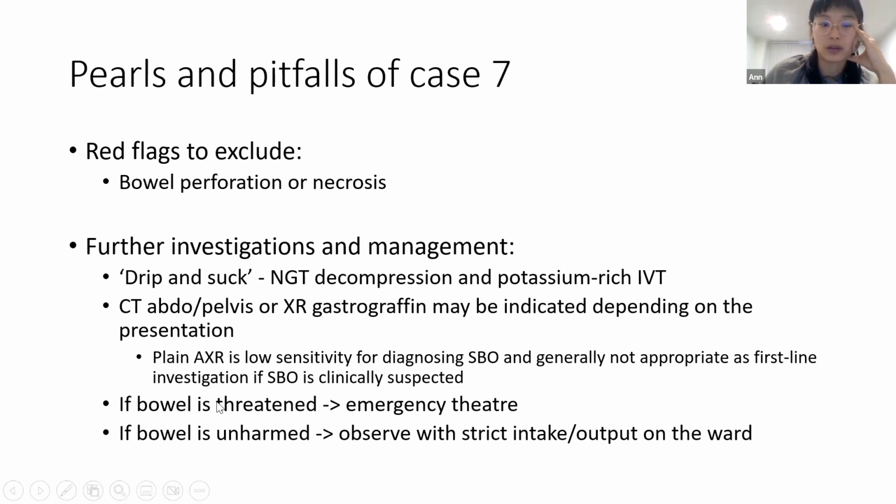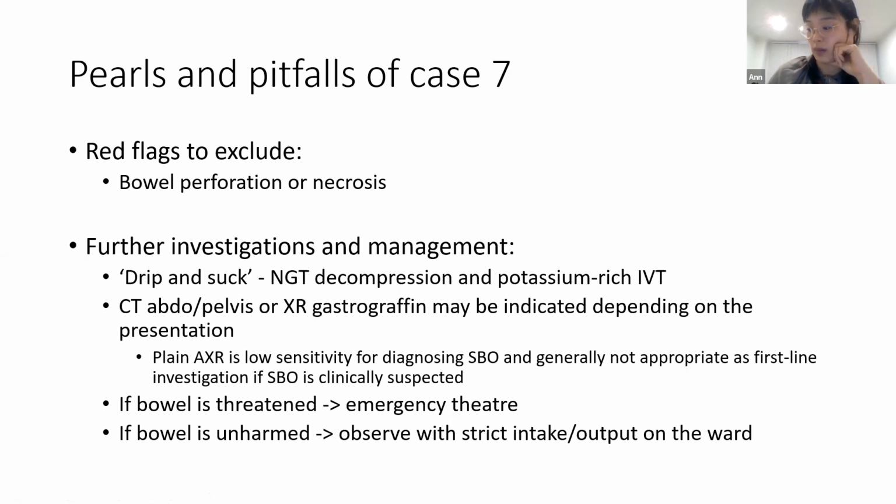So as I said before, if the bowel is threatened, it's an emergency, get them into theatre and cut out that piece of necrotic bowel. If the bowel's unharmed, then you would do the drip and suck approach and observe them with a strict intake and output on the ward.